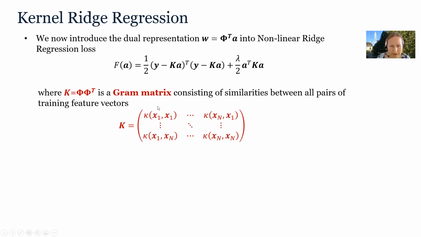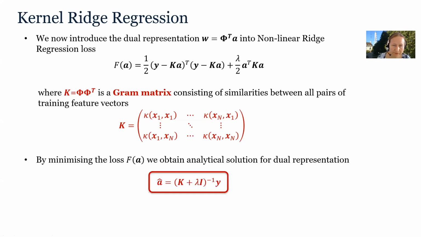And this matrix K is a matrix of all the similarities between pairs of training feature vectors. So it will have size n times n. And if we minimize this loss, we will obtain an analytical solution for the dual representation, which is written here, and you see that it is a very simple formula again.